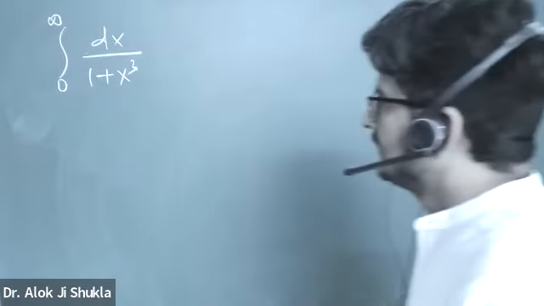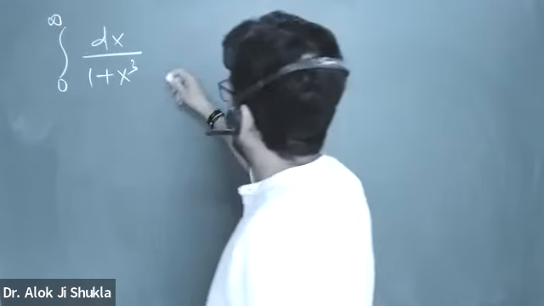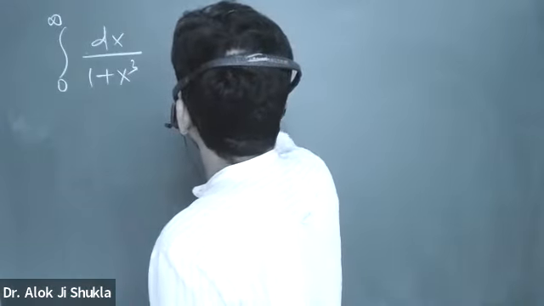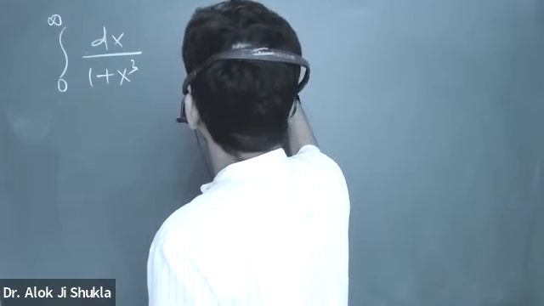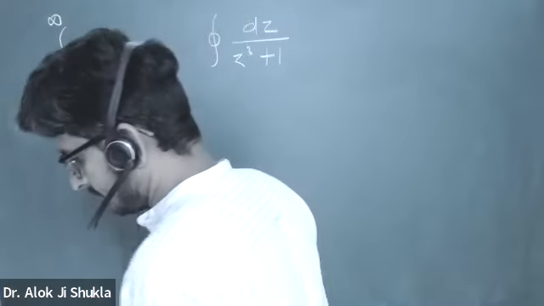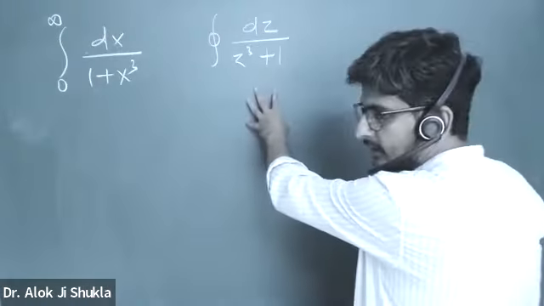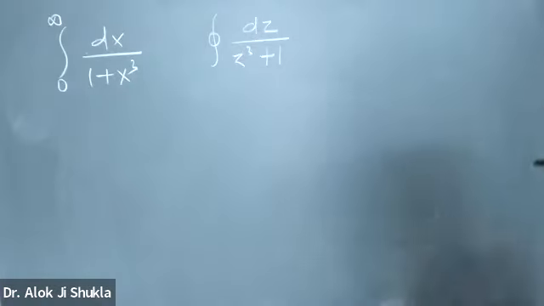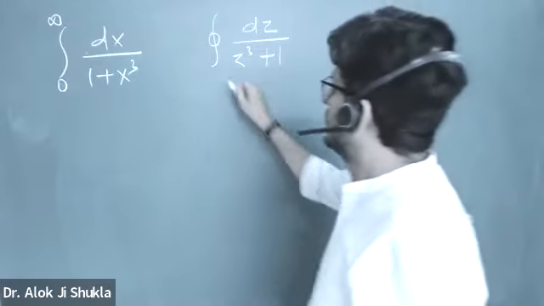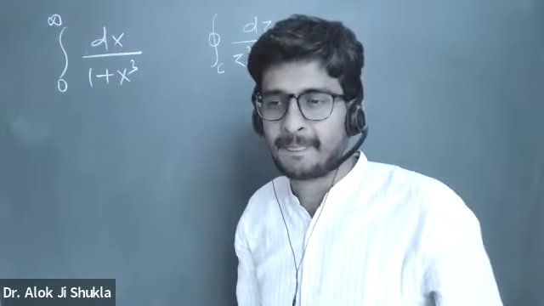So in this case, what we do is we start calculating something like this: dz upon z cube plus 1. And from here, we would like to derive this relation. Now the question is, this is not minus infinity to plus infinity.